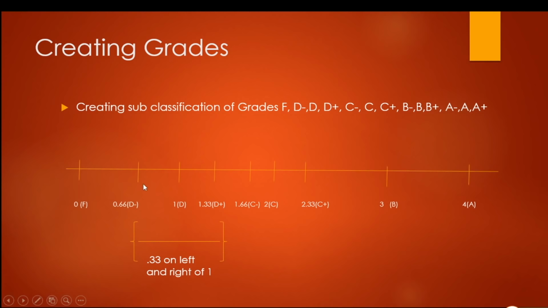Now from D minus till C plus, and similarly we do it for B, 0.33 on the left for B minus, so that will give us about 2.67, and 3.33 on the right, that will give us B plus. So what we have done is we have created a distance of 0.33 in all the grades till 4, and if we move on the right of 4 we get 4.33.